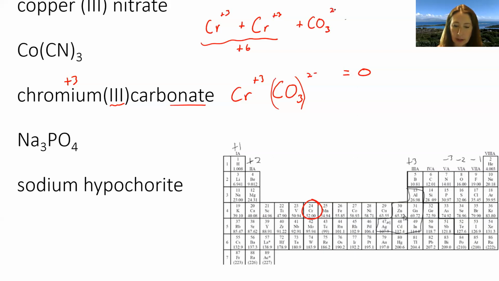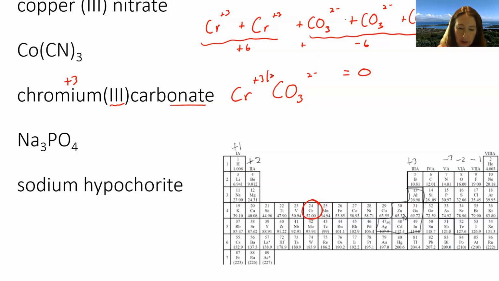Plus CO3 2-, plus CO3 2-, plus CO3 2-, because these will be our -6. When we add all this together, we get a 0. So therefore, we need 2 chromiums and we need 3 CO3s.